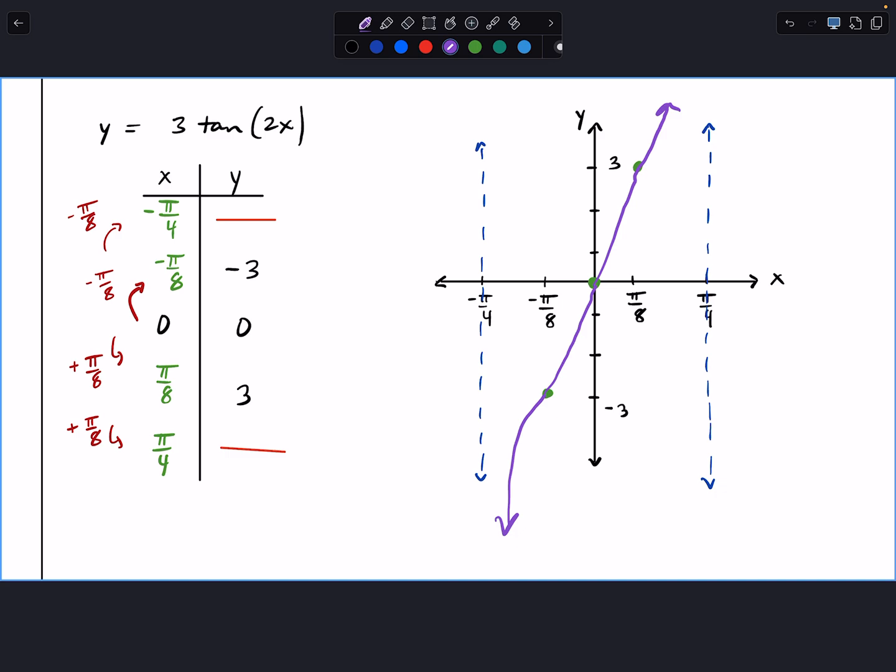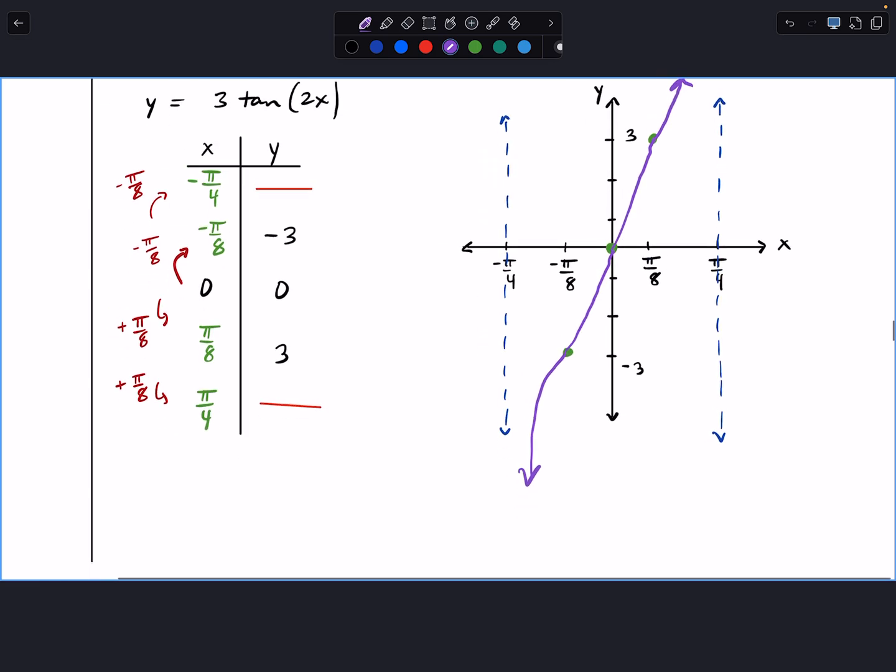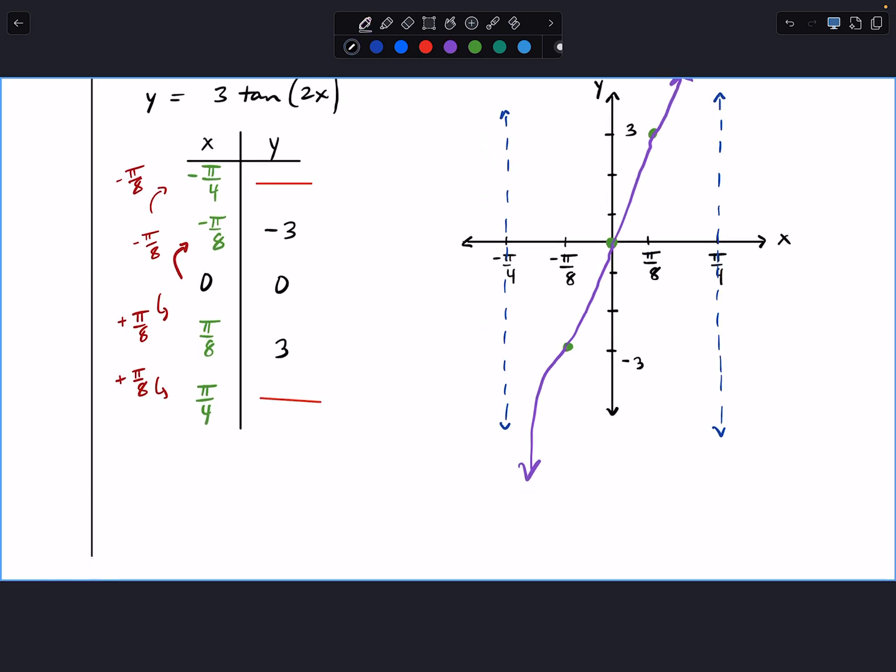Okay. Questions on the graph, because now we're going to do the fun part, because what did you still have to say? Domain and range. So listen, the format for the domain is always the same. So it's going to be all x where x cannot equal.